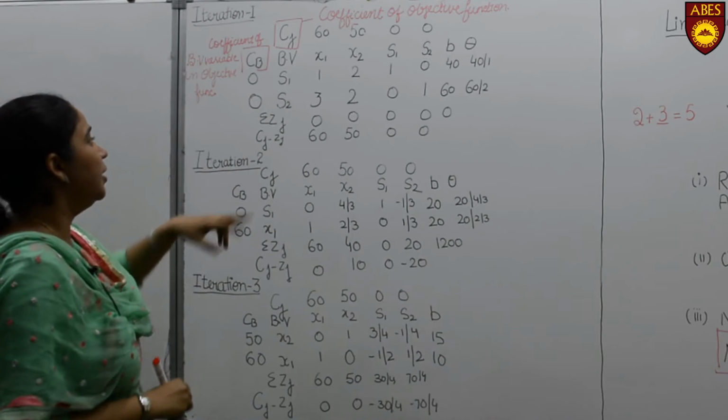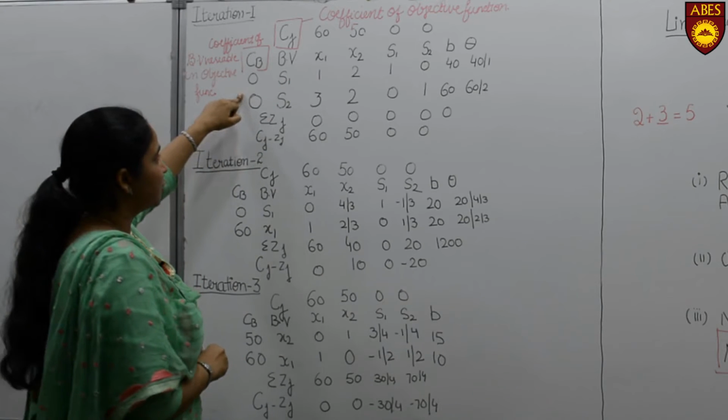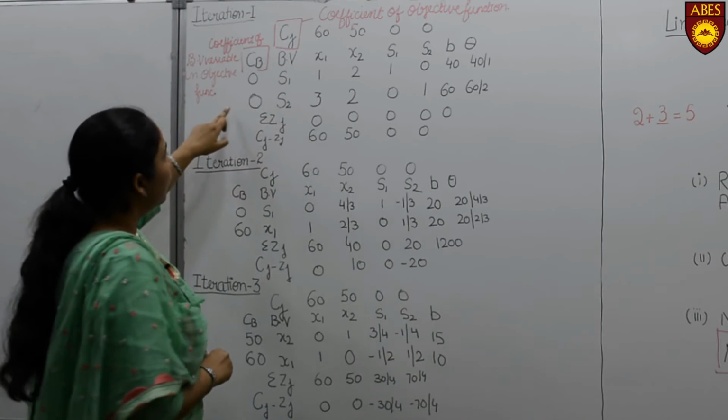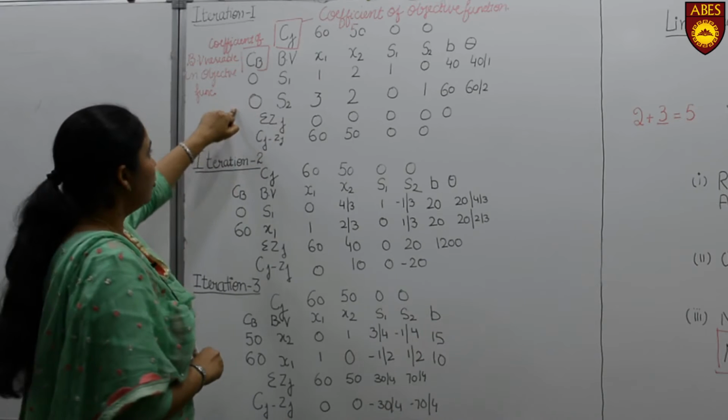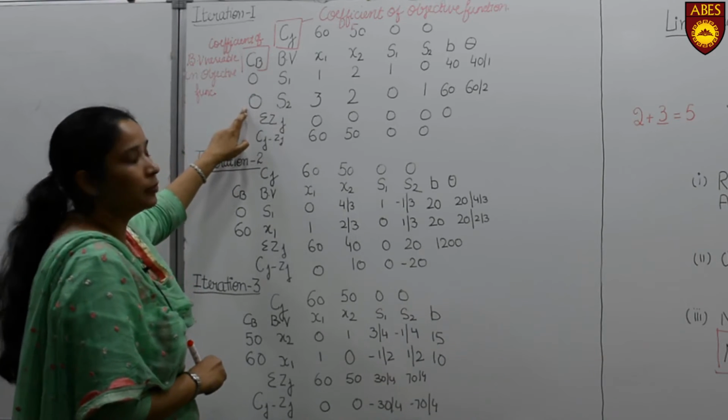Here we can see that S1 has a coefficient 0 in the objective function and S2 has a coefficient 0 in the objective function. So we will write down in this column 0 and 0.